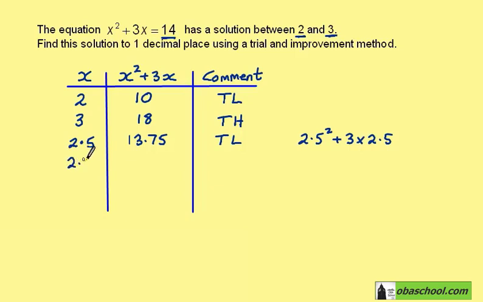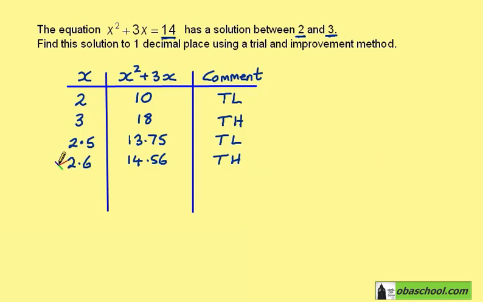Let's try 2.6. We're calculating 2.6 squared plus 3 times 2.6. This gives us 14.56, which is too high.